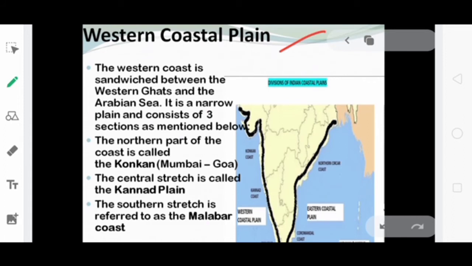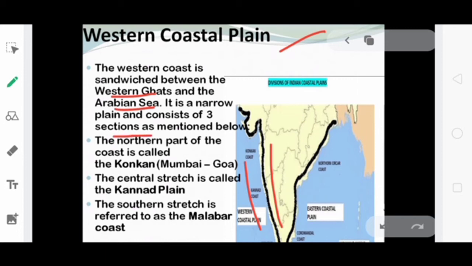Western Coastal Plain. The western coast is sandwiched between the Western Ghats and the Arabian Sea. It is a narrow plain and consists of three sections.